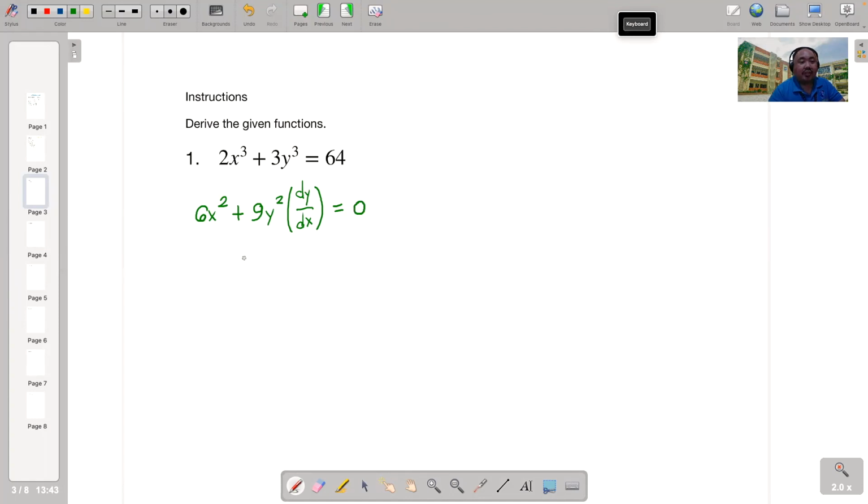Now, what's up next? We try to isolate dy dx, or the derivative, from everything else. And I think this is quite easy. This becomes 9y squared times dy dx is equal to negative 6x squared.